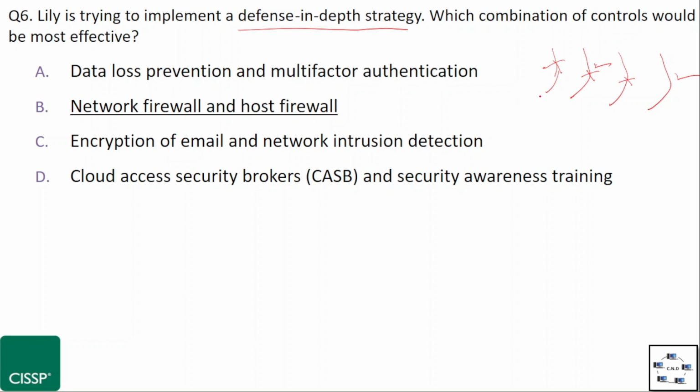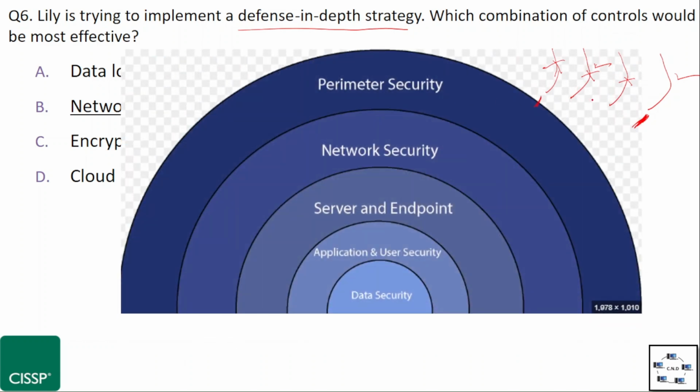The network firewall may be implemented at the first layer, at the perimeter, while the host firewall may be here. So if that first layer is compromised and also the subsequent layers, we have another control of the same type at another layer. That is the concept of defense in depth: the controls may be the same, but they are at different layers and at different points of your organization. This picture shows the different layers: the perimeter security, where our network firewall will be applied.